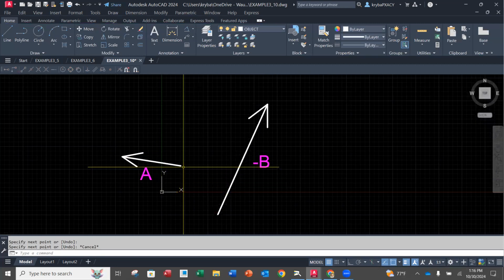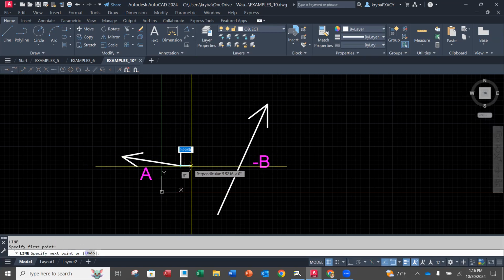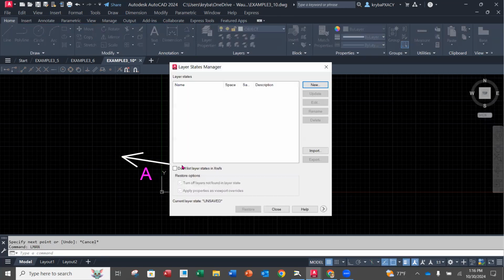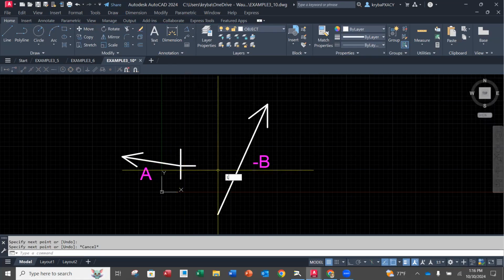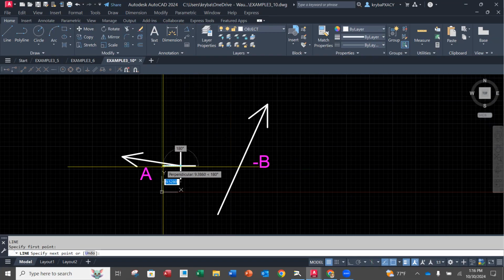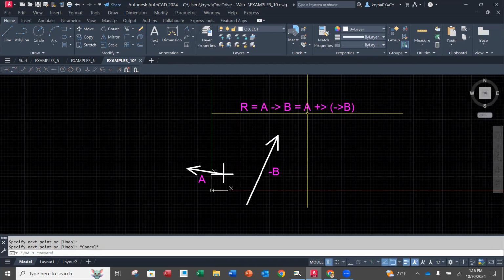I'm going to add the origin designation, just like a crosshairs, large enough that I see it in my screenshots. There's my origin.